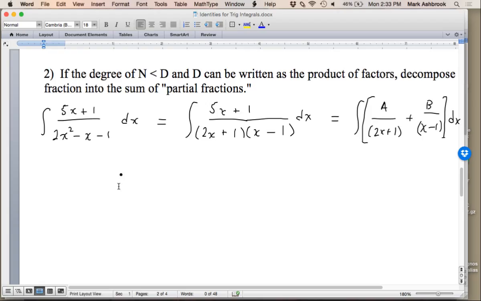Okay, so basically what we're saying is, if I were to add these two together, so A over 2x plus 1 plus B over x minus 1, I want to add those two together. So how would I do it?